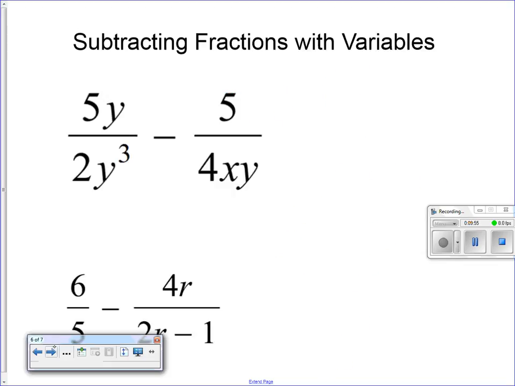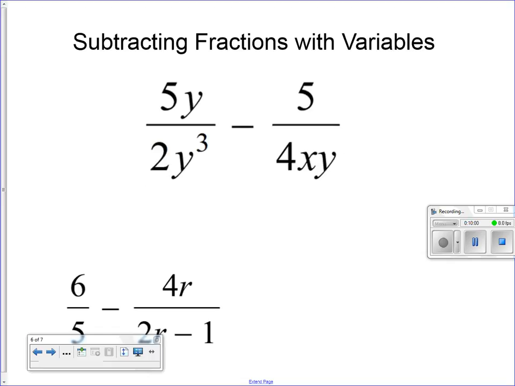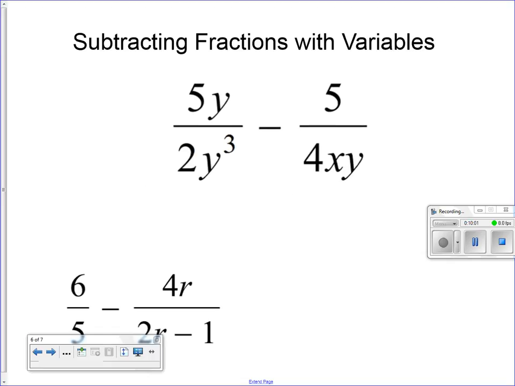All right, so first one we have 5y over 2y cubed minus 5 over 4xy. So we're looking for the least common multiple between 2y cubed and 4xy. Notice they both have a factor of 2, and they both have a factor of y.